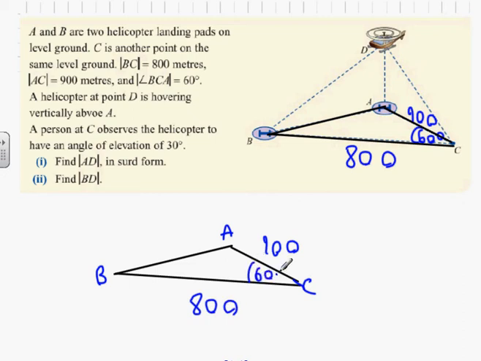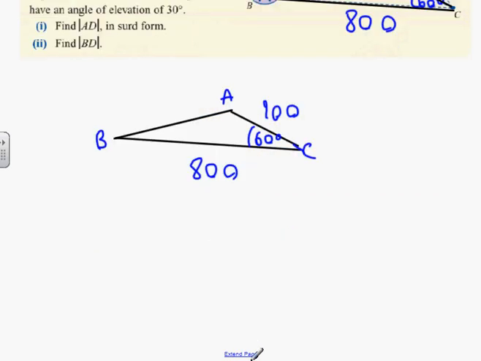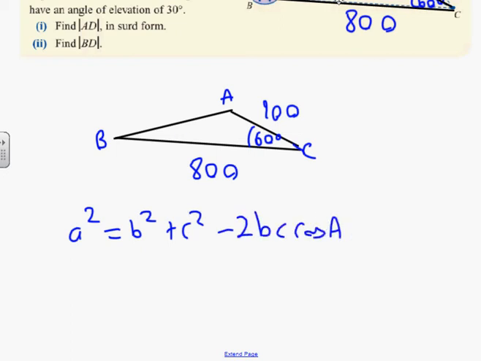I'm going to find out what AB is for a start, because it'll give me more information. I'm going to use the cosine rule for that. The cosine rule is a squared equals b squared plus c squared minus 2bc cos A. I have two sides and the angle in between them, which is classic cosine rule.